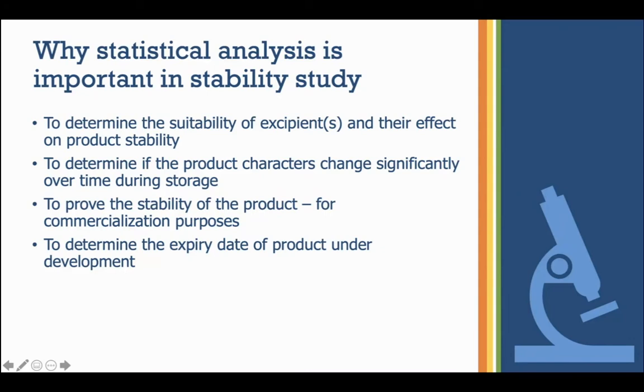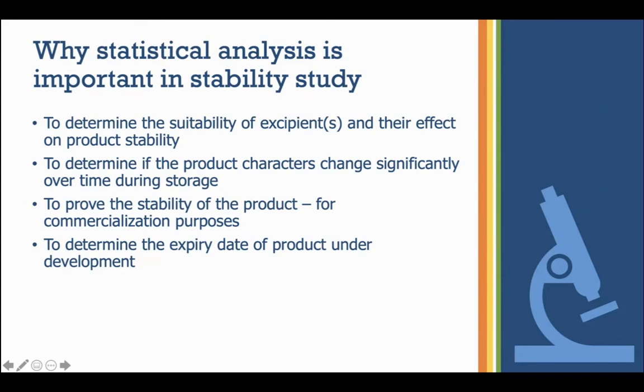After 6 months, you take out the product and you analyze the content. If the content remains the same, which is 100%, which is 100 milligram in 5 ml, or changes 5% plus minus, this is considered as acceptable.